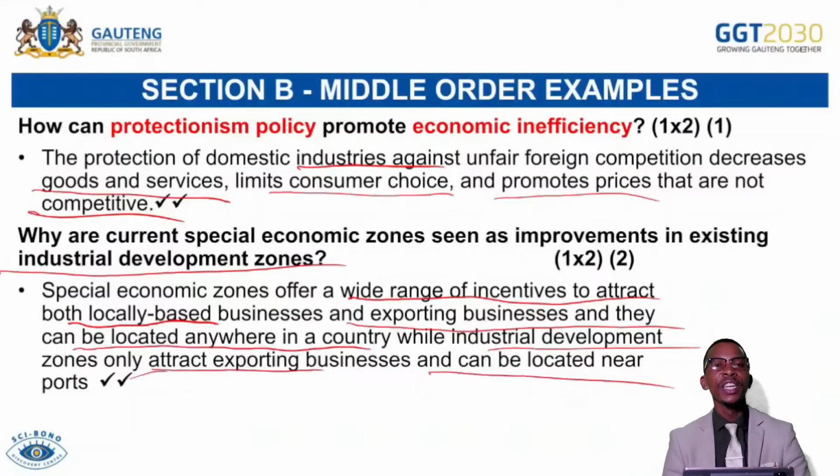They only attract businesses that are willing to produce for the global market, not for the local market. While SEZs can attract both exporters and locally based businesses, and can also provide a variety of incentives other than IDZs, which can only provide duty-free import areas or duty-free incentives. So the SEZ is really the improvement of the existing IDZ because it has a wider scope.